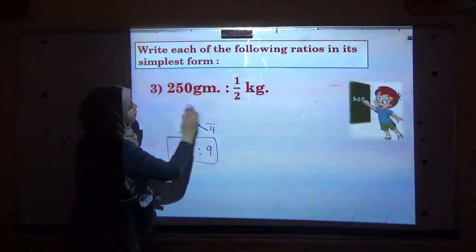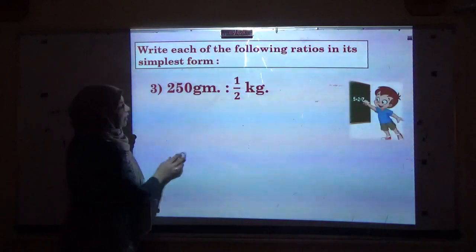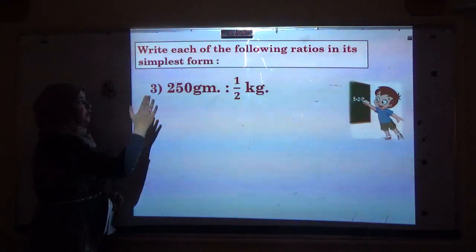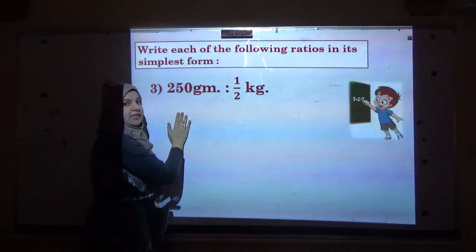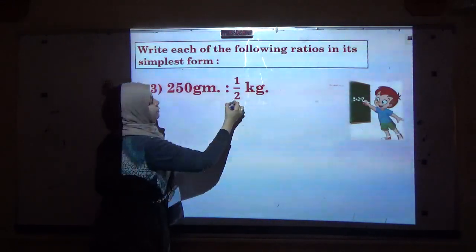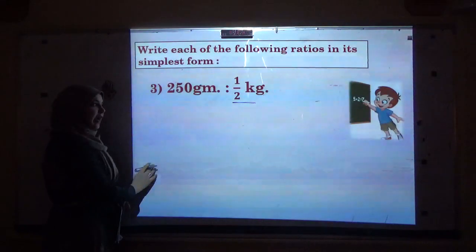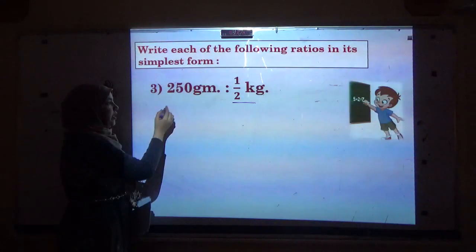Number 3, 250 grams to half a kilogram. To simplify this ratio, we should make the two terms the same unit. So we will convert from kilogram to gram by multiplying half by 1000.